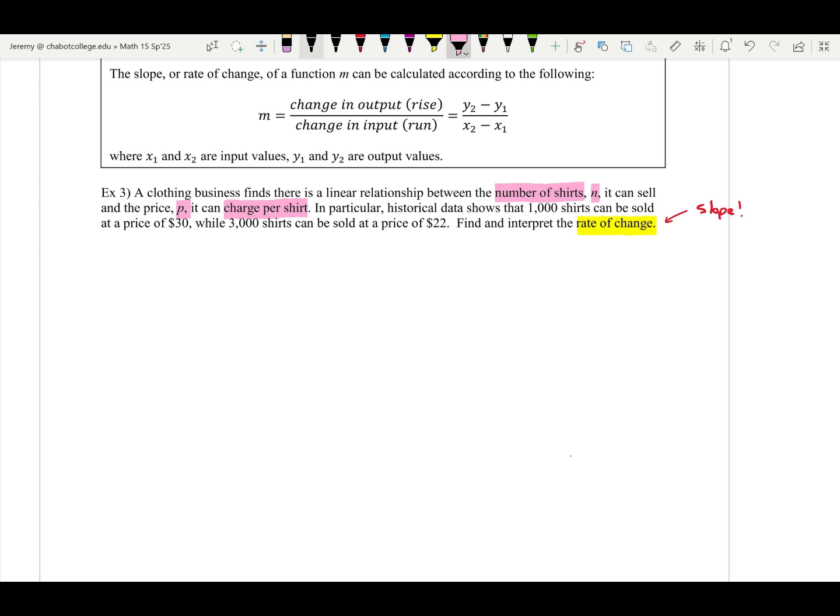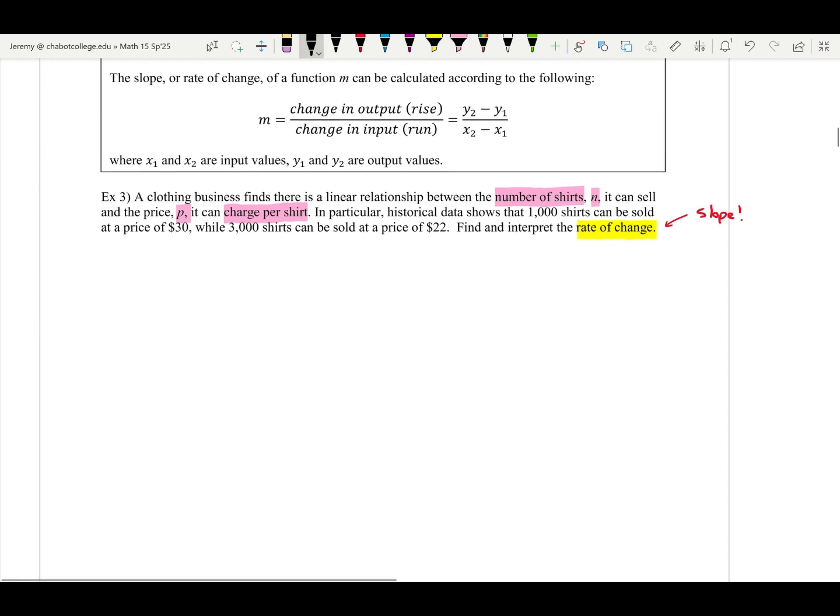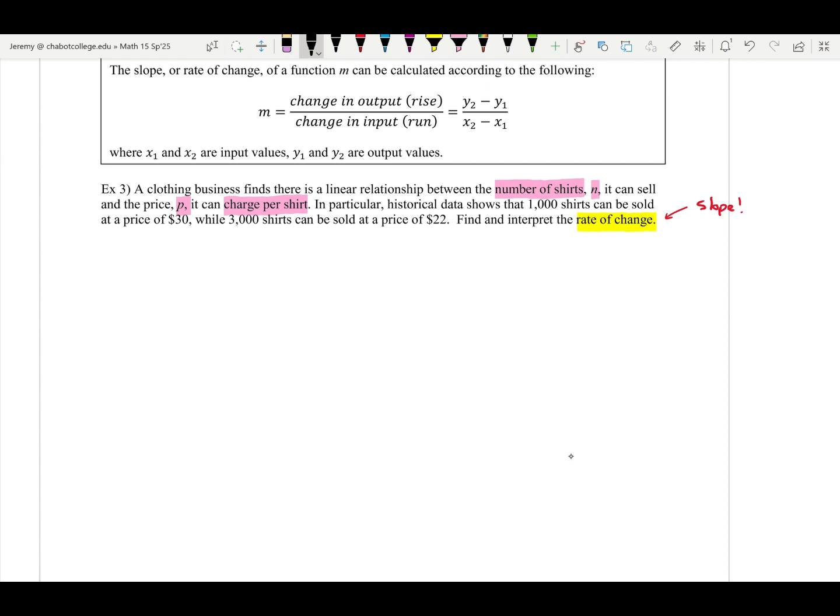So, first of all, our ordered pairs are going to look like this. We have N, which we're going to think of as our independent variable, and P is going to be our dependent variable. I'm setting it up this way because when we read through the problem, we're trying to figure out which variable depends on, which is affected by, the other.